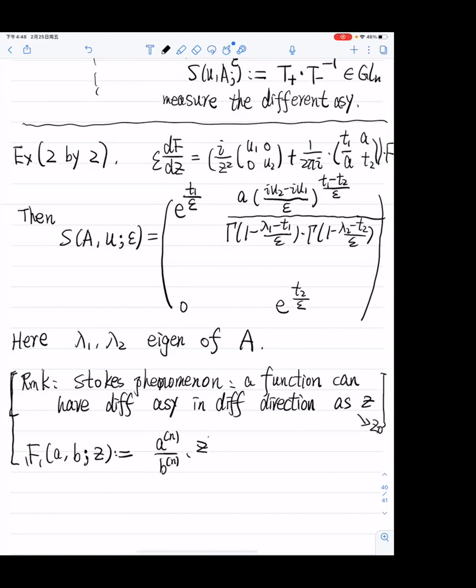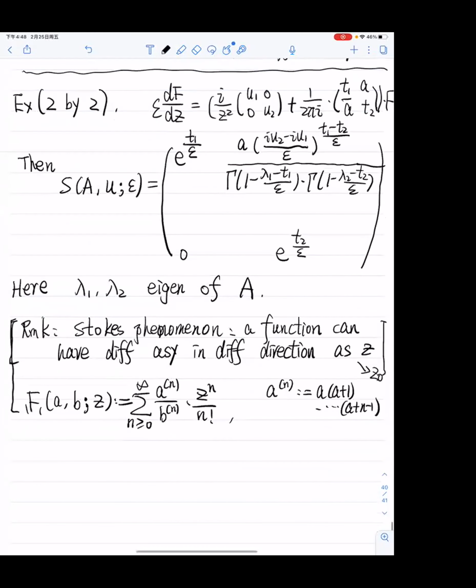I guess most of you know this expression. The Kummer function is given by this power series expression, where (a)_n is the standard notation which denotes the product of a, a plus 1, and so on up to a plus n minus 1. Right. So we can easily see this function has an essential singularity at infinity, and it has polynomial type growth as z goes to infinity from the left, and some exponential type of behavior as z goes to infinity from the right.